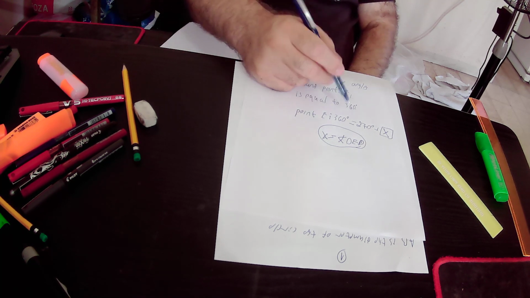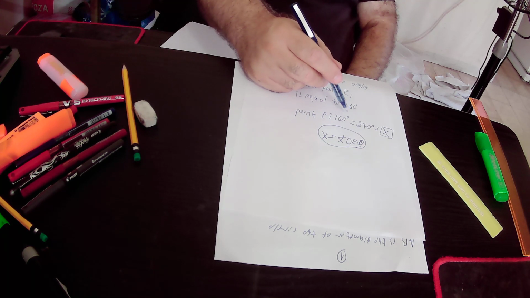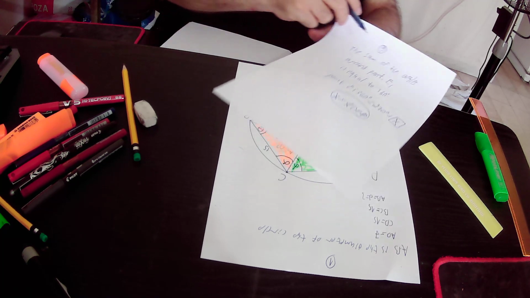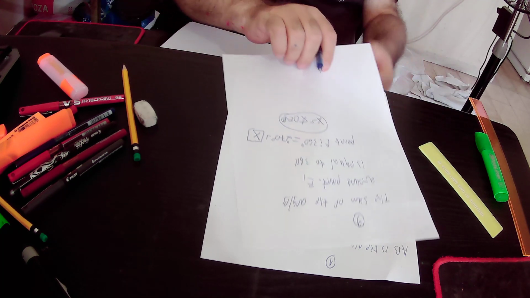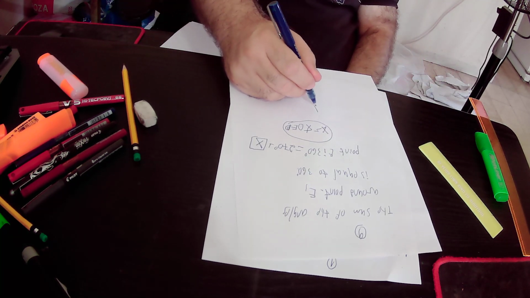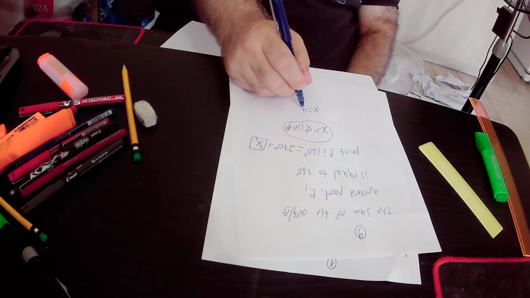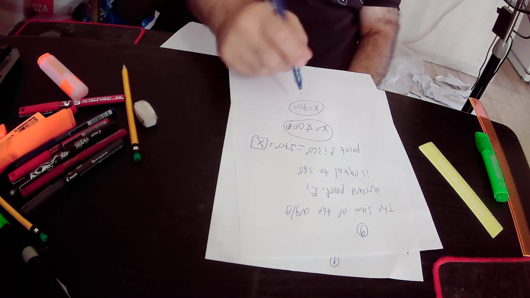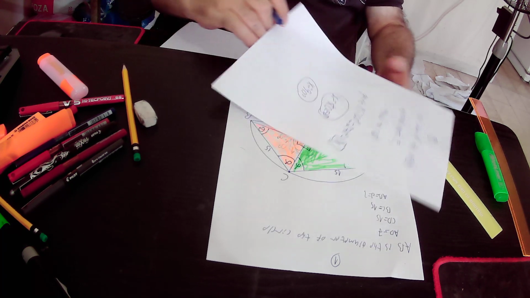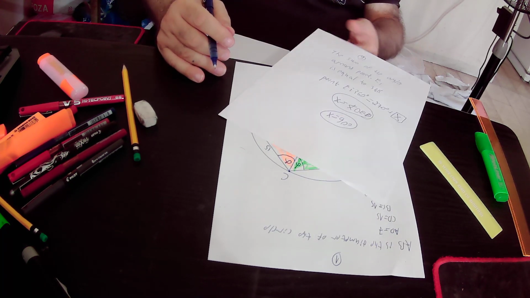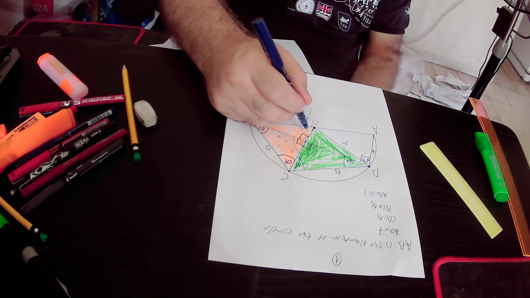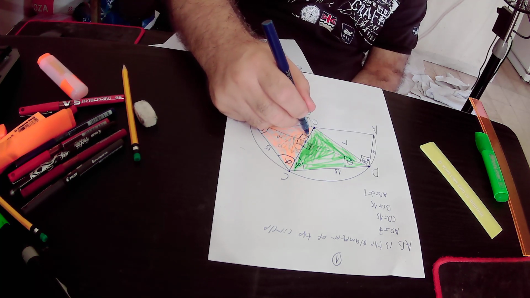We can subtract 270 degrees from this equality, and we will get that X equals 90 degrees. X equals 90 degrees, and X equals angle OED according to our definition. So angle OED, this angle, is also a right angle.